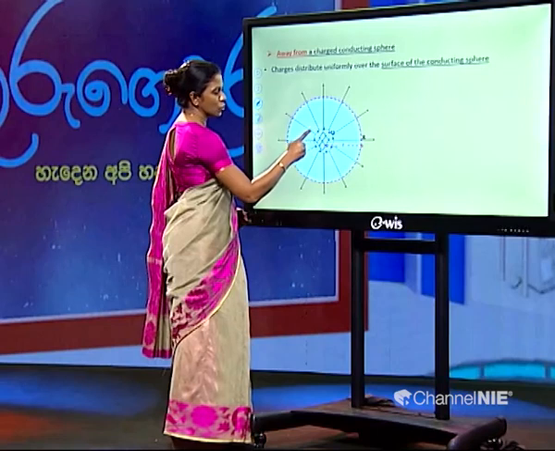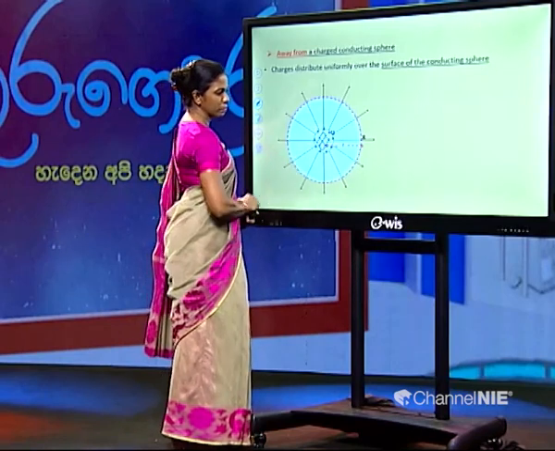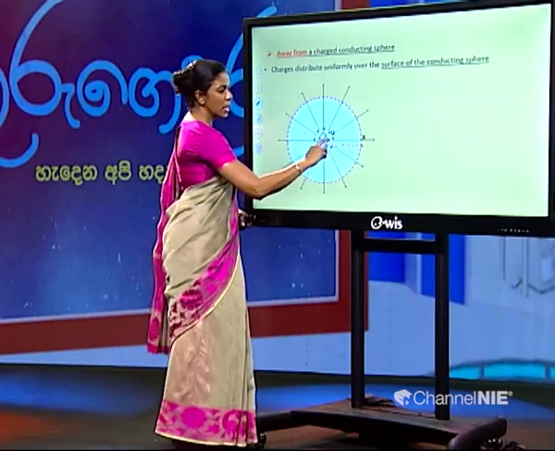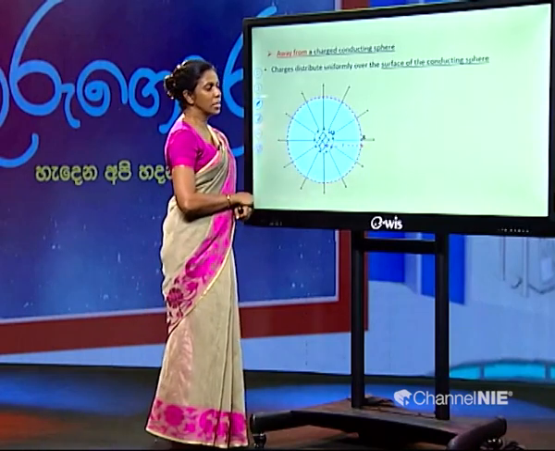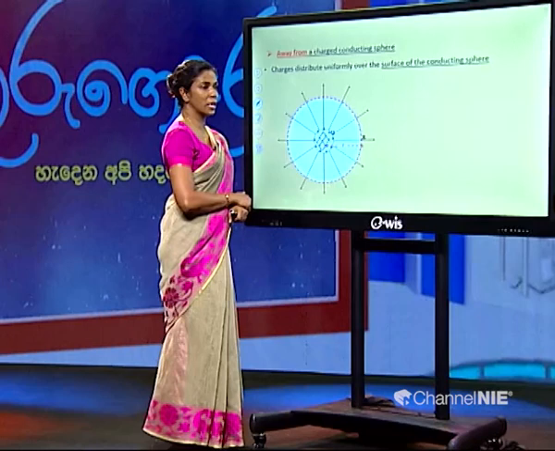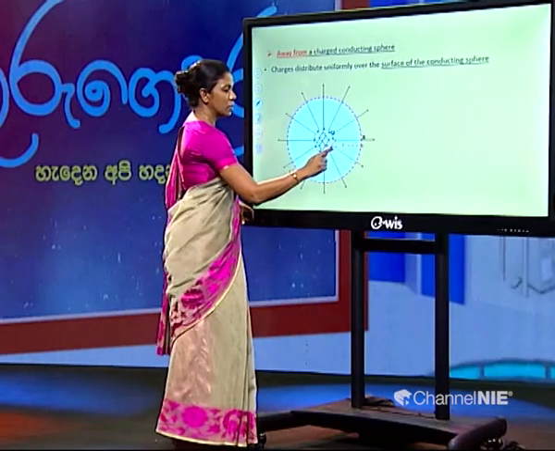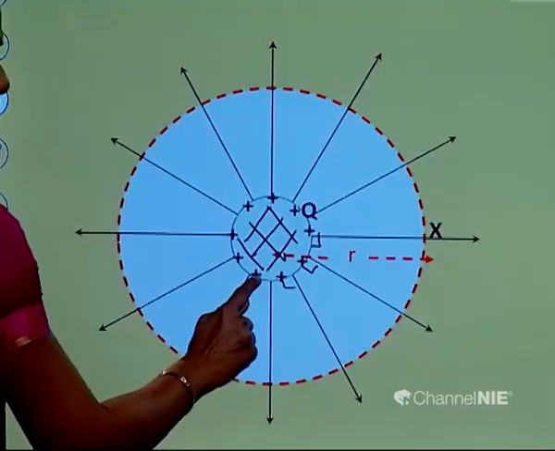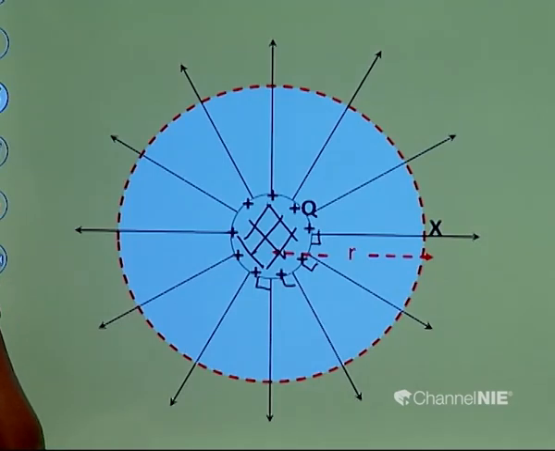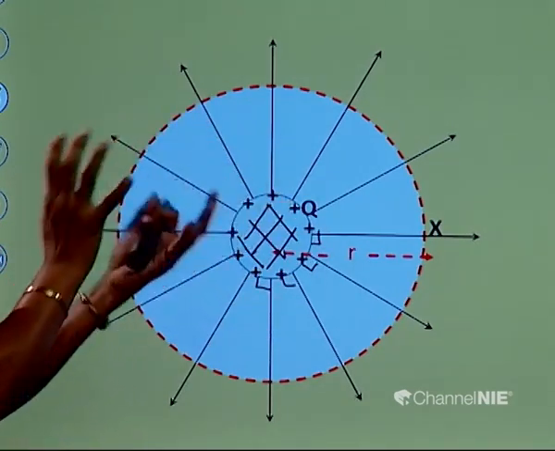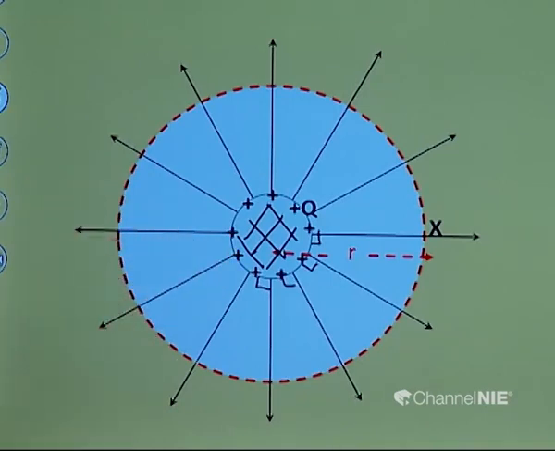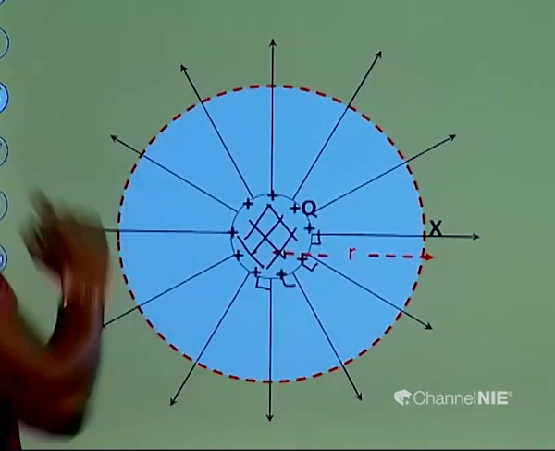The charges are stored on its surface, and now field lines must be drawn symmetrically. We have learned that the field lines are perpendicular to a conductor. So, the field lines must be drawn at right angles to the conducting surface, and symmetrically. It is a uniformly charged conductor, and that represents the electric field around it.